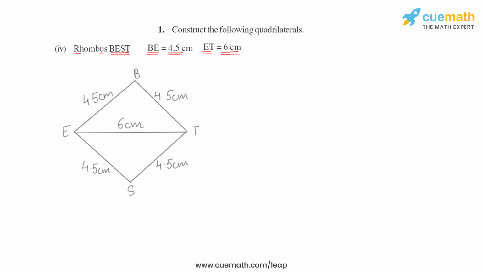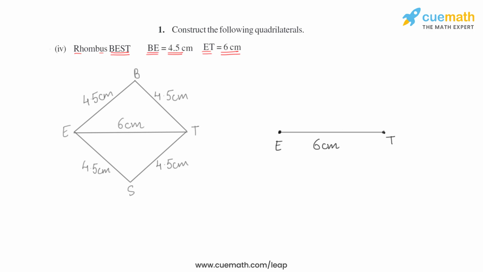So let's construct it now. So same steps we will follow. First of all, draw a line segment ET with length 6 centimeters. The endpoints are E and T. It is 6 centimeters.